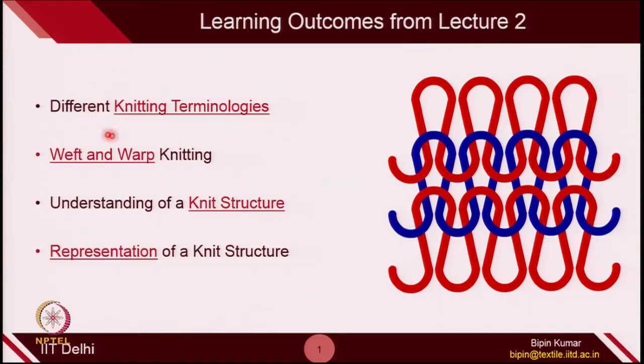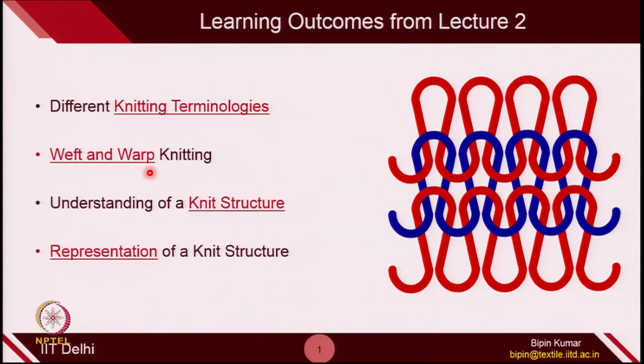In today's lecture, you are going to learn about different knitting terminologies which we frequently use to describe a knitted structure. The second thing which we are going to talk about is two different types of knitting, which are weft and warp knitting.